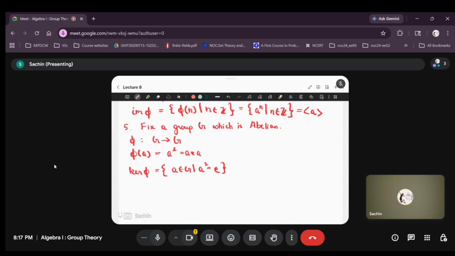But this doesn't tell us anything for an arbitrary group. We don't know what that is, so we'll just have to leave it at that. And image is the set of all a square such that a is in G. This also we don't know what the group is. It could be different in different groups. So here there's no real structure.